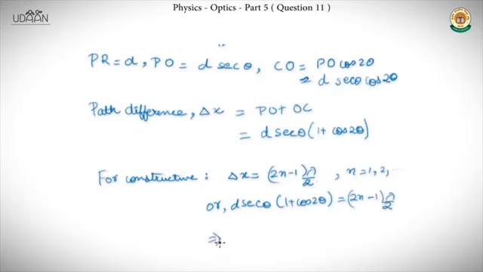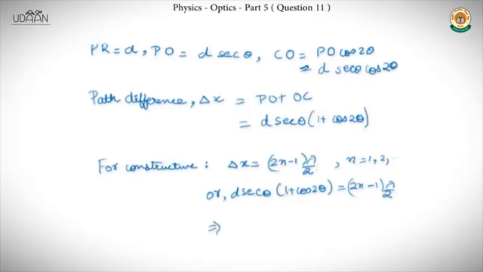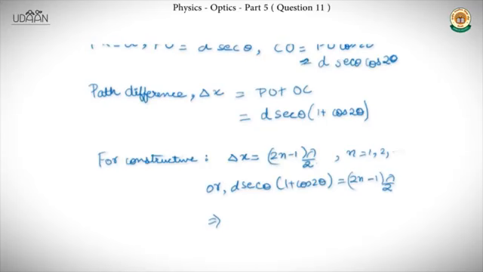By putting 1 plus cos 2 theta as 2 cos square theta, which is one of the trigonometric identities, we get d by cos theta, which is d sec theta, into 2 cos square theta, equal to lambda by 2 into (2n minus 1).